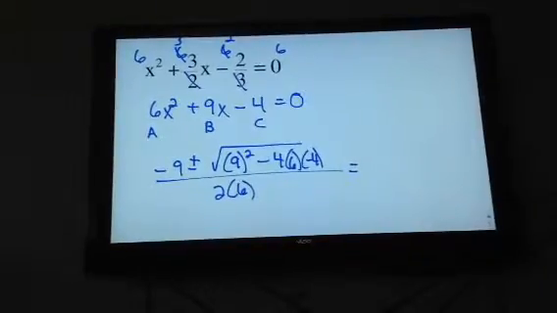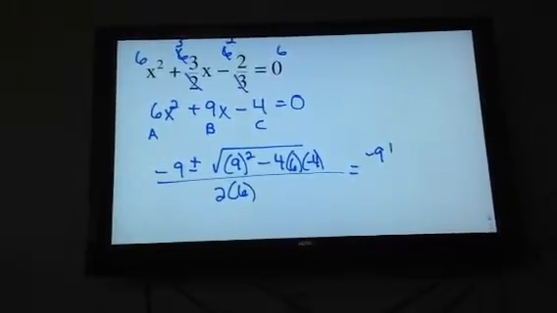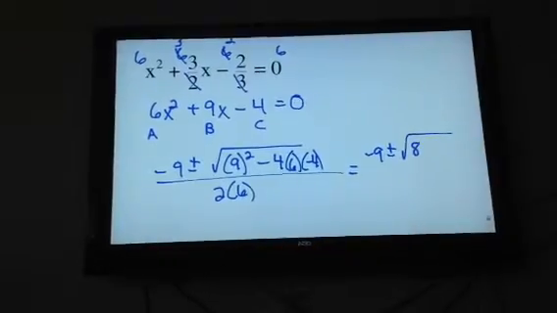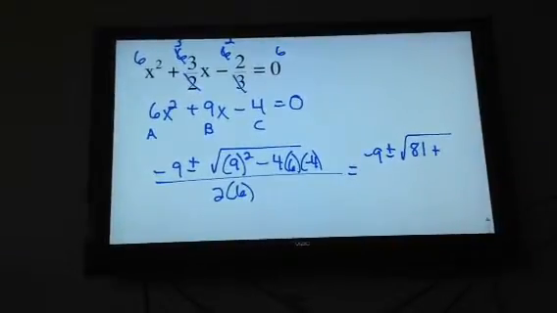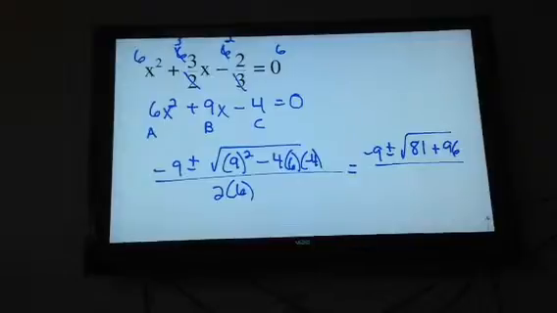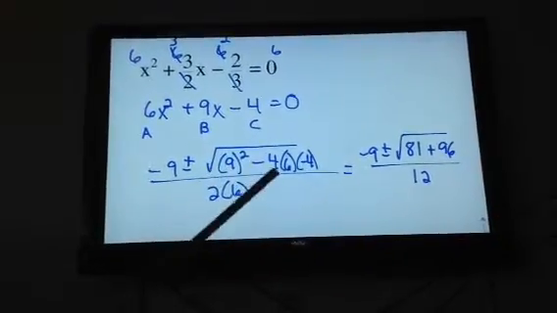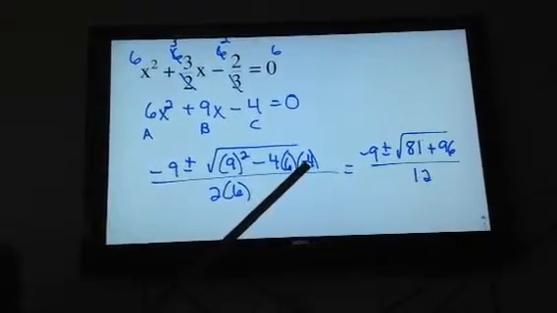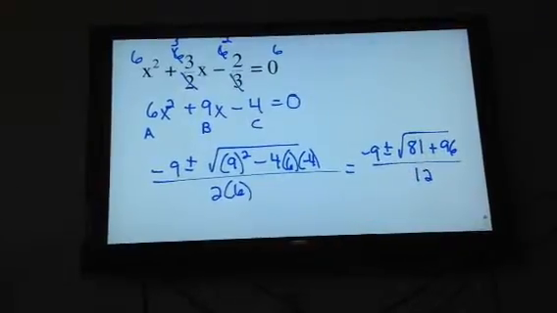So I'm going to have negative 9 plus or minus the square root of 81 plus 96 over 12. So negative 4 times positive 6 times negative 4, positive 96.